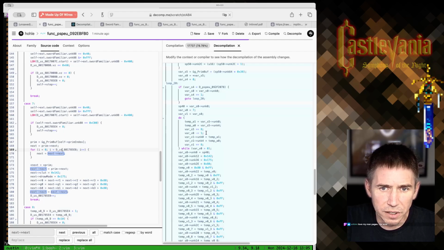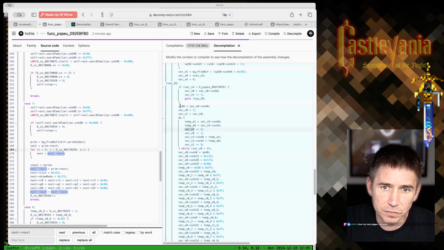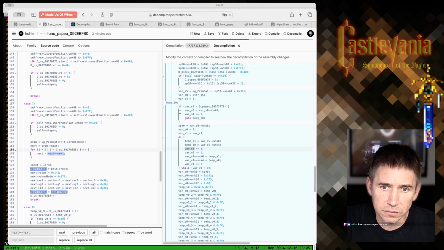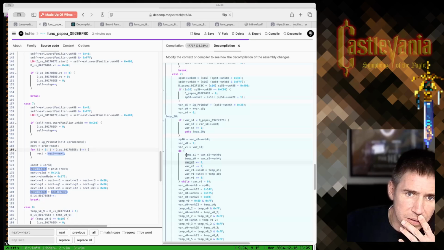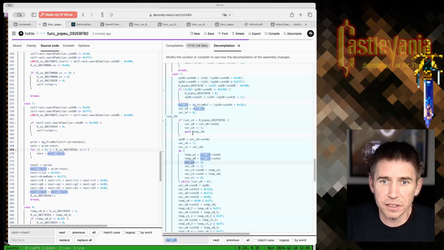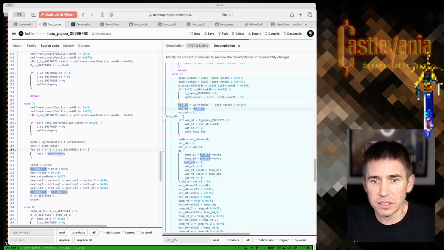What I'm trying to figure out is whether or not, so we have these, let's see, Vars 5 is our primitive, and S0 is next.